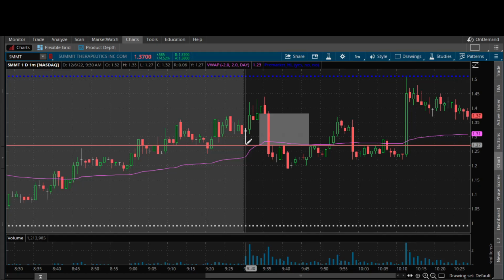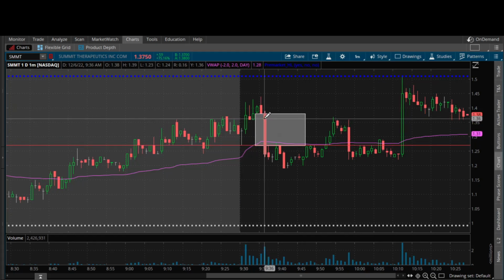It becomes resistance, right? So this was our previous level of support that price failed to move lower through in the past. This time around, price demolished that level, a strong close below that level, and that created your imbalance to the downside. There's your fair value gap right there.